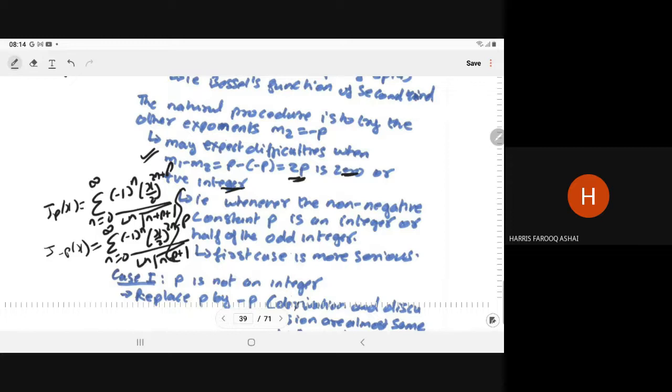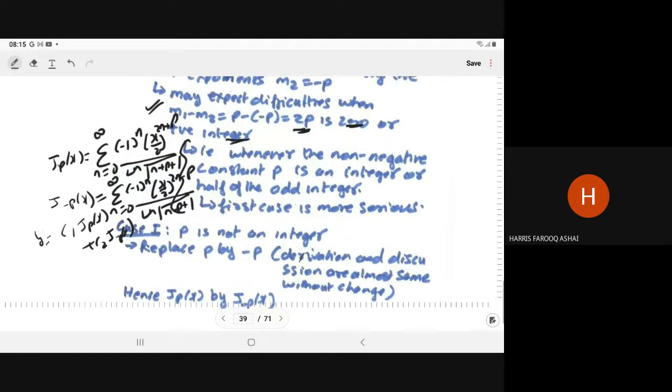So the general solution in this case will become y equal to c1 Jp(x) plus c2 J of minus p(x). That is our general solution, because now we have the second solution. So in this case, replace p by minus p.